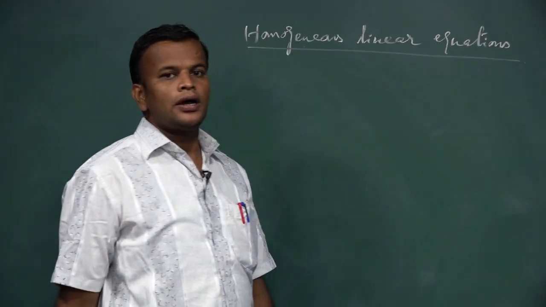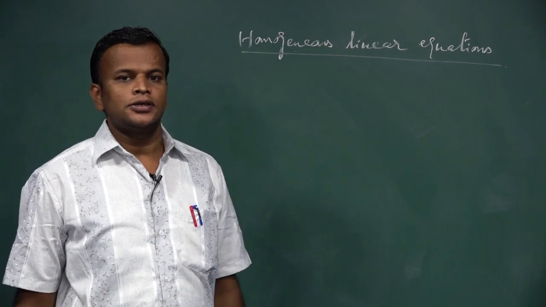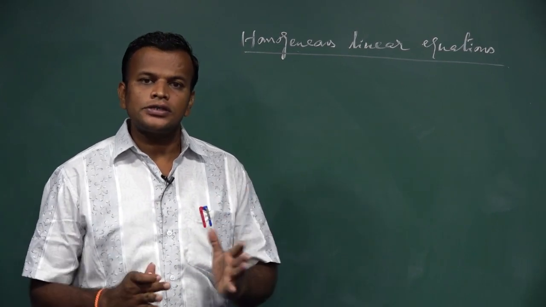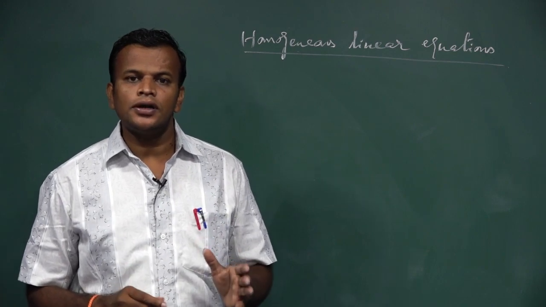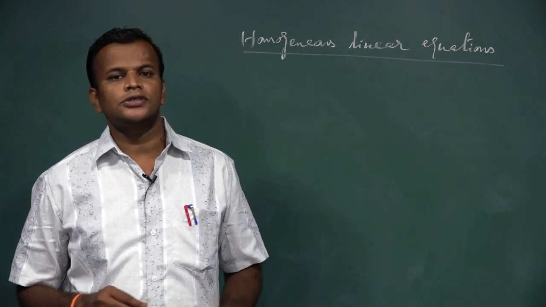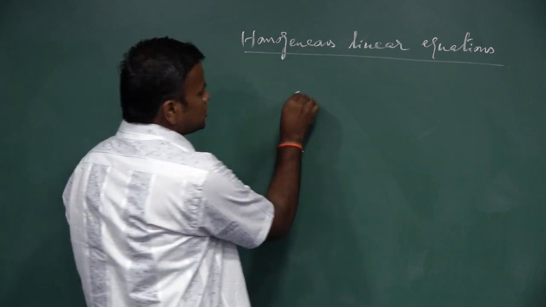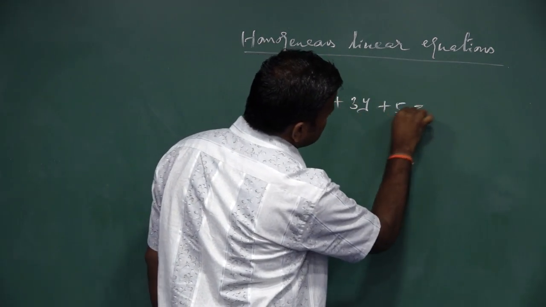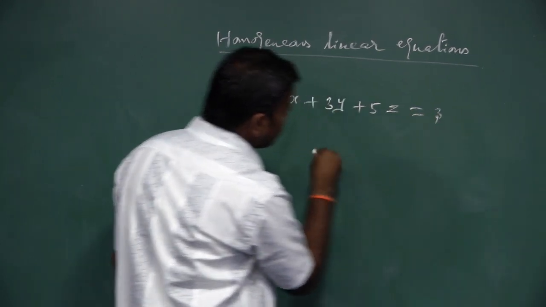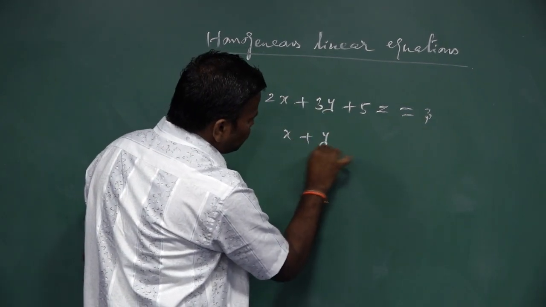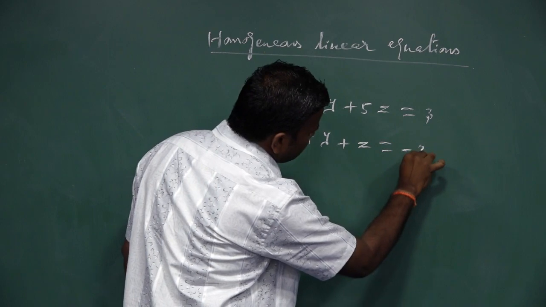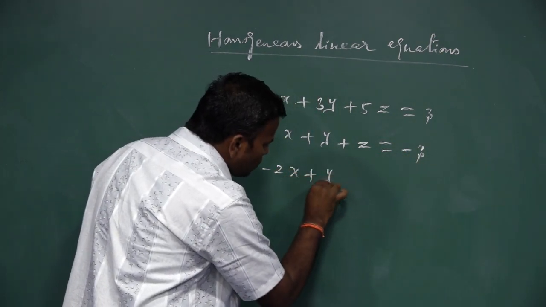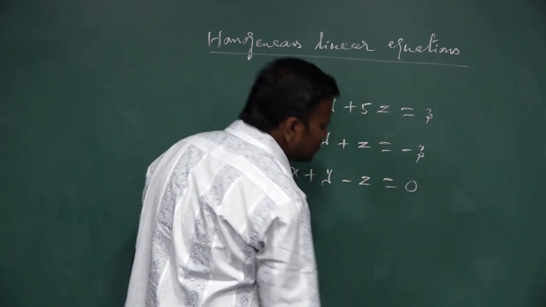What is meant by homogeneous linear equations? Suppose 2 equations or 3 equations are given. If all the constants are 0, it is called a homogeneous linear equation. For example, previously: 2x plus 3y plus 5z is equal to 3, x plus y plus z is equal to minus 3, minus 2x plus y minus z is equal to 0.